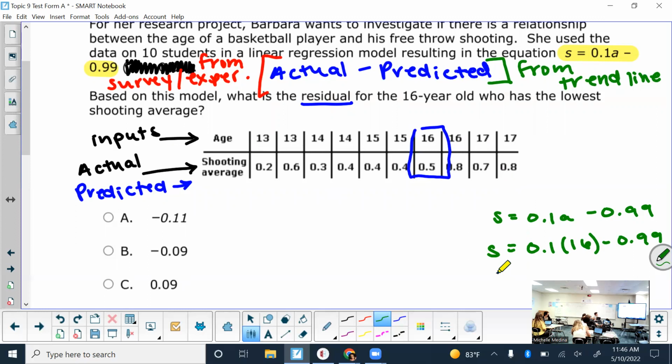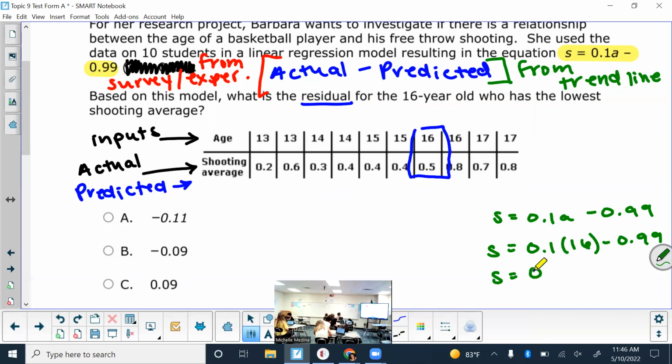Does that make sense? So then you plug that into your calculator, and I already remember the answer from earlier because I've done this in every class today so far. But feel free to verify yourself. It's 0.61 when you plug that in. So my predicted value for the 16-year-old is 0.61, but again, we just want the residual for the one I boxed.